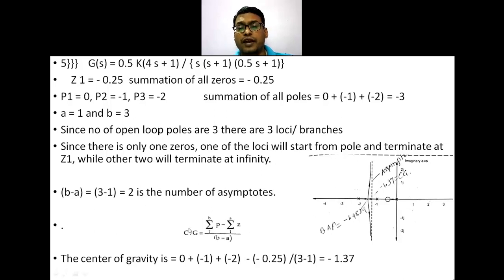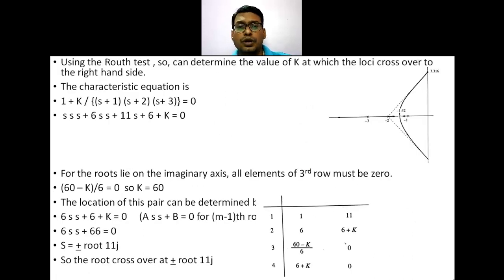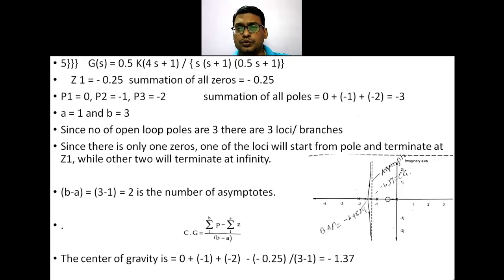Then the center of gravity: summation of all p minus summation of all z upon b minus a is going to give you the value of minus 1.37. So I have plotted the minus 1.37 value, and from there the asymptotic lines will start. There will be two asymptotes, so they will have the angles pi by 2 and 3 pi by 2.